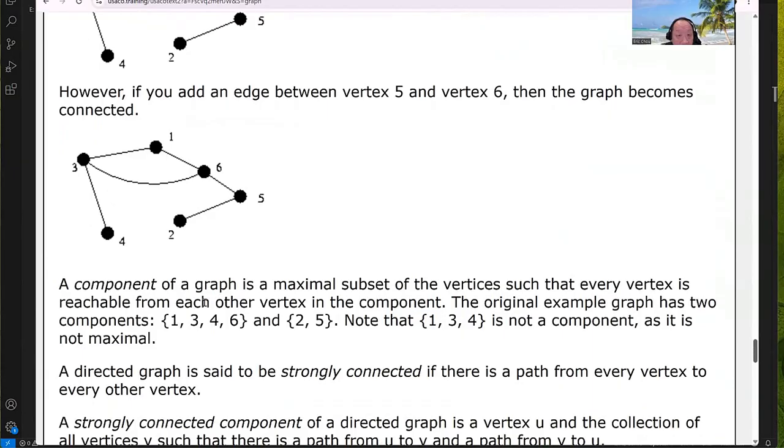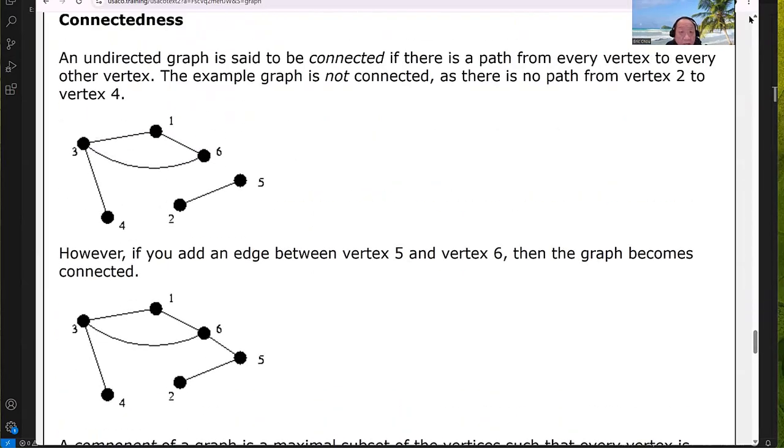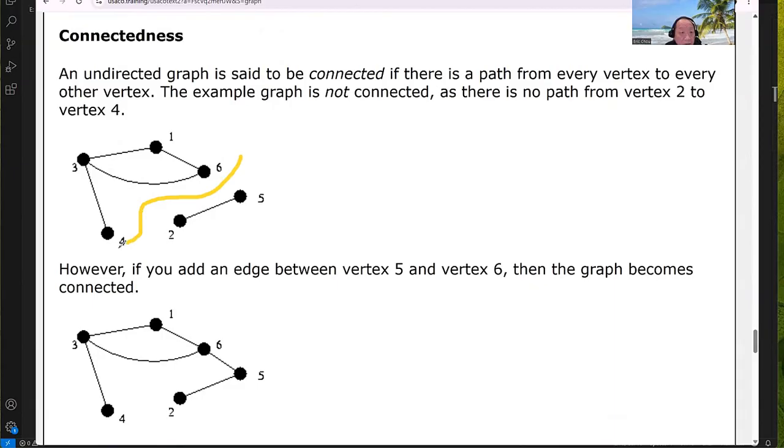Okay, so a component is a vertex or maximal subset of the vertices such that each vertex is reachable from the others. So basically the so-called component is a sub-graph where each node can be connected to the other nodes. At least one path can go from one node to the other.